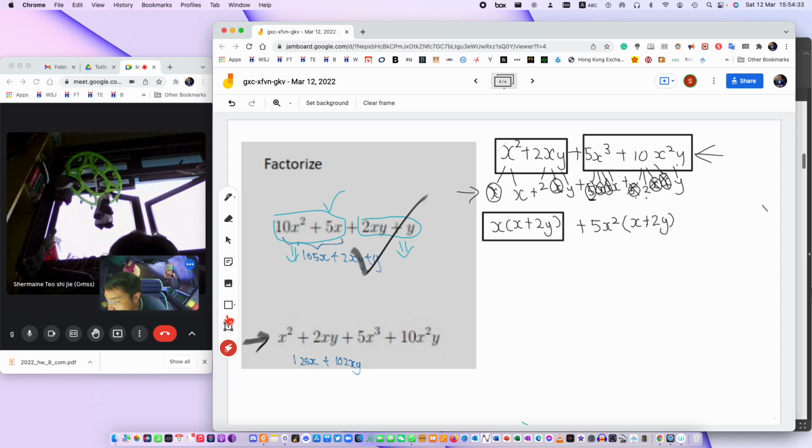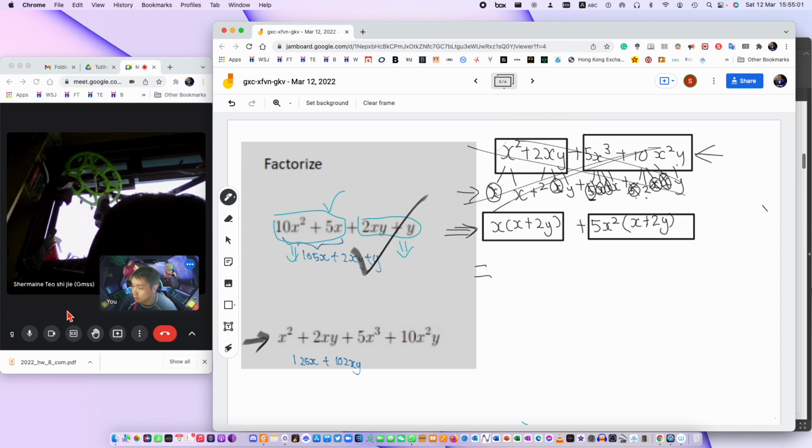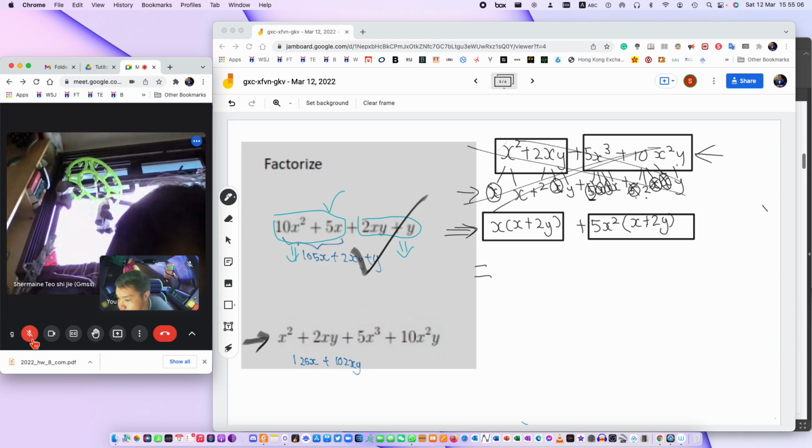Okay, very good. Yep, so you already get this into the brother. Yes, so now you continue from the brother. Okay, what is common between this? So now you work on this already. This one gone already. Sorry. What's common here?